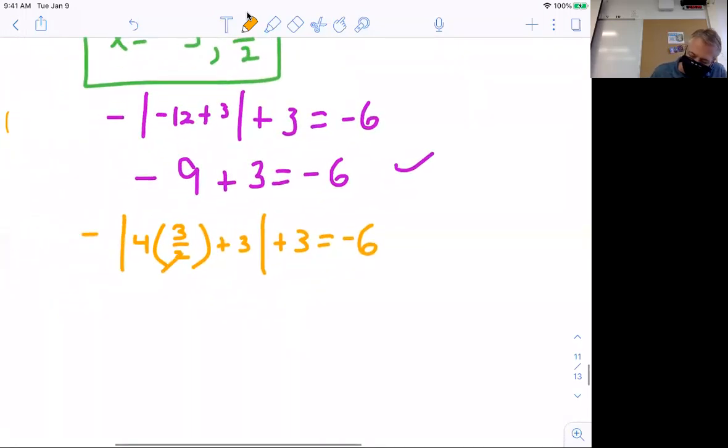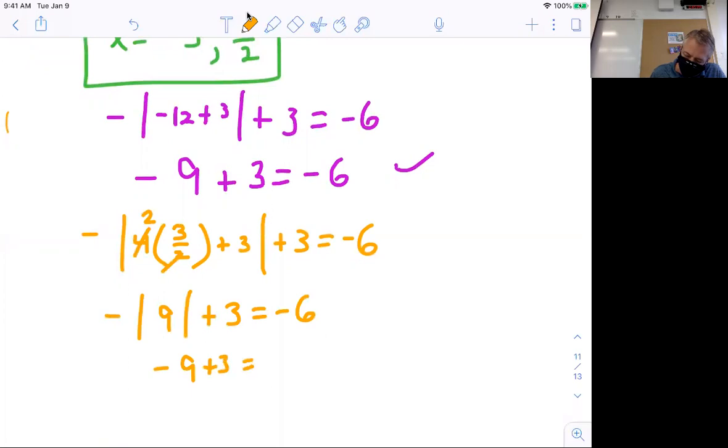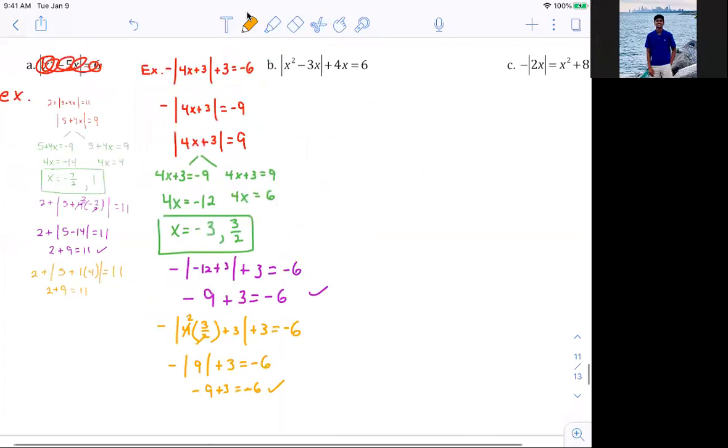So inside here, that's going to become 2. So that's the opposite of the absolute value of 6 plus 3 is 9. Plus 3 equals -6. And it looks like that is going to work out. So I get -9 plus 3 is -6 again. So we're in business.